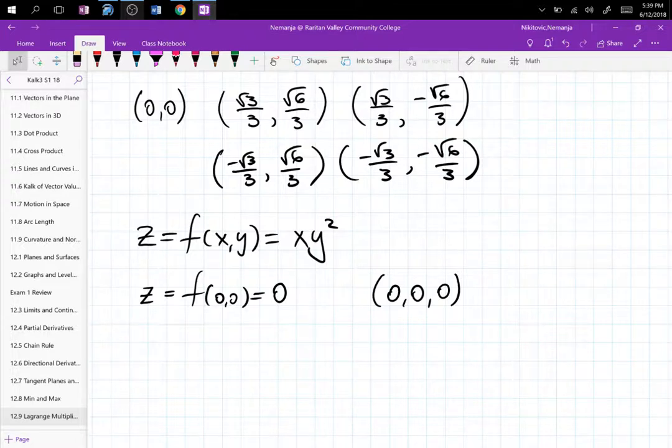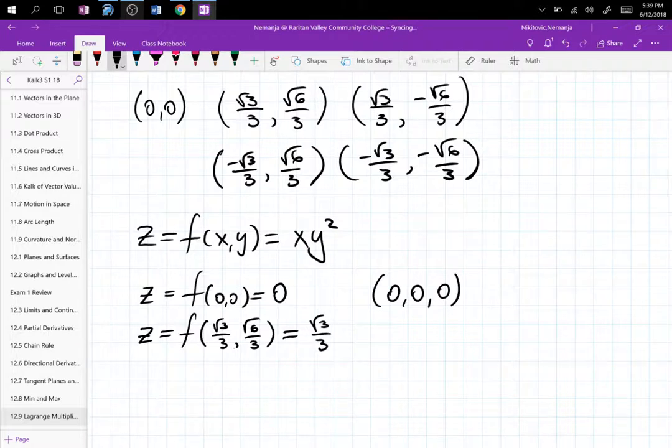The next one is going to be, I can keep writing z equals, if that makes you happy, of root 3 over 3, root 6 over 3. Now, copy x as is, which is root 3 over 3, and then square the other one, which is 6 over 9. So now this will cancel, and then I have 2 root 3 over 9.